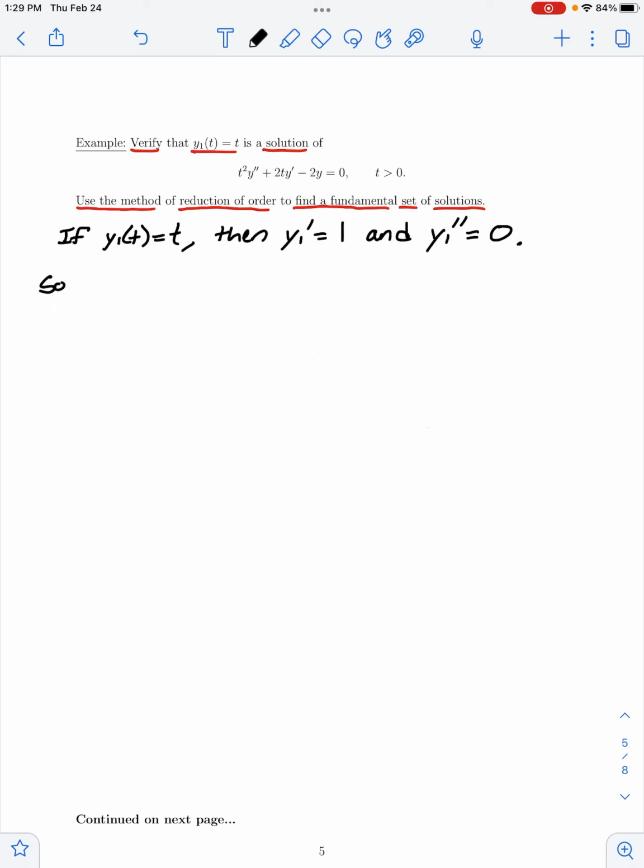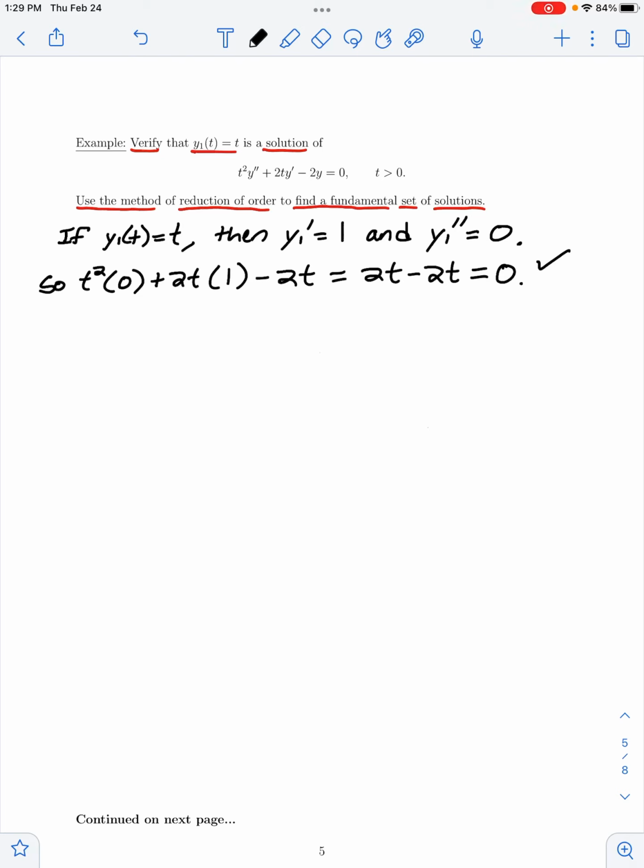So if we substitute these expressions into our differential equation, we have t squared times y double prime, which is 0, plus 2t times y prime, which was 1, minus 2 times y, which was t, and this leaves us 2t minus 2t, which is indeed equal to 0.